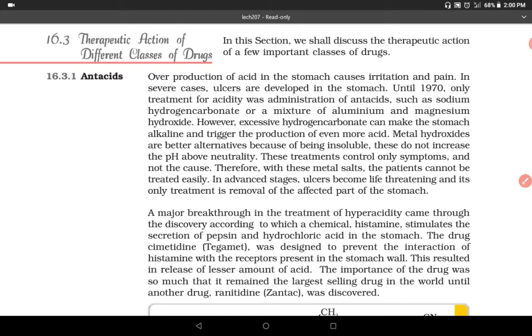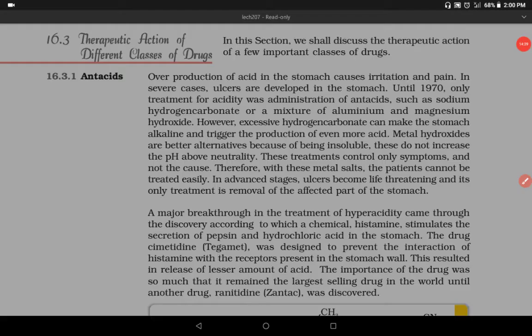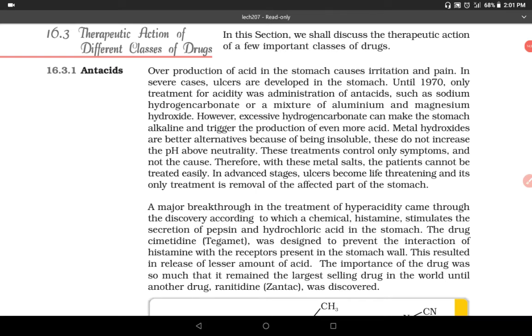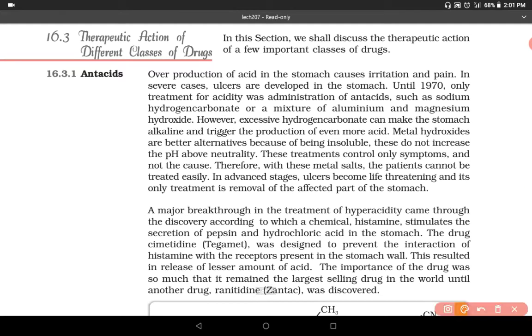That's what we are discussing. So to discuss that, this therapeutic action of different classes of drugs is very useful. In this section, we will discuss the therapeutic action of a few important classes of drugs.